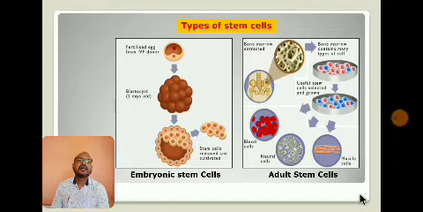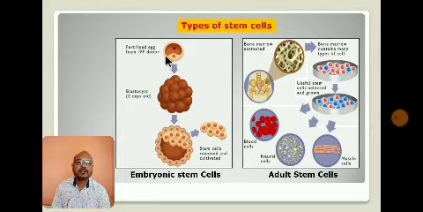Then the types of stem cells are mainly differentiated into embryonic stem cells and adult stem cells. For embryonic stem cells, you see the fertilized egg from the in vitro fertilization donor; the blastocysts appear at 5 days old, and the stem cells are removed and cultivated.